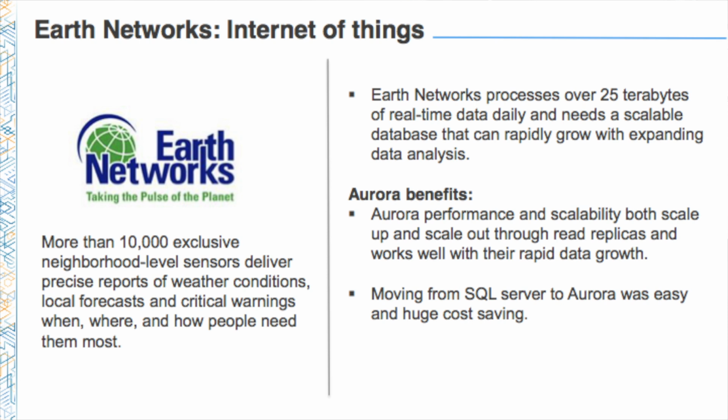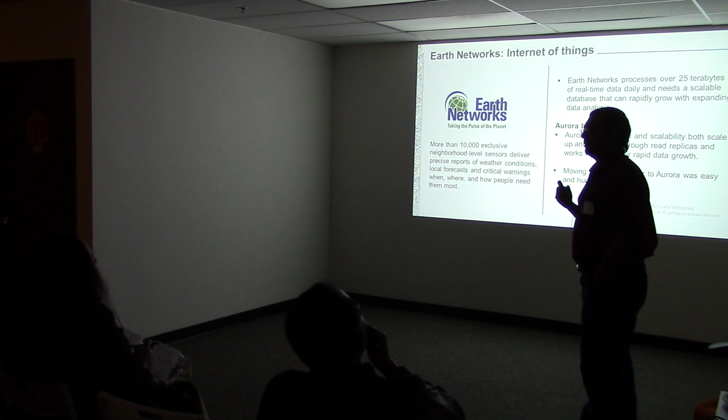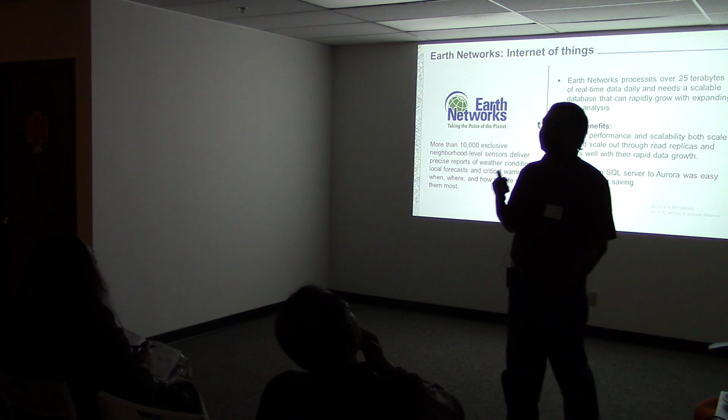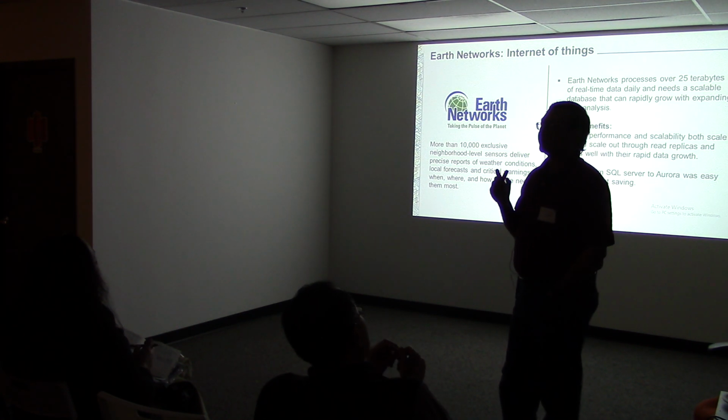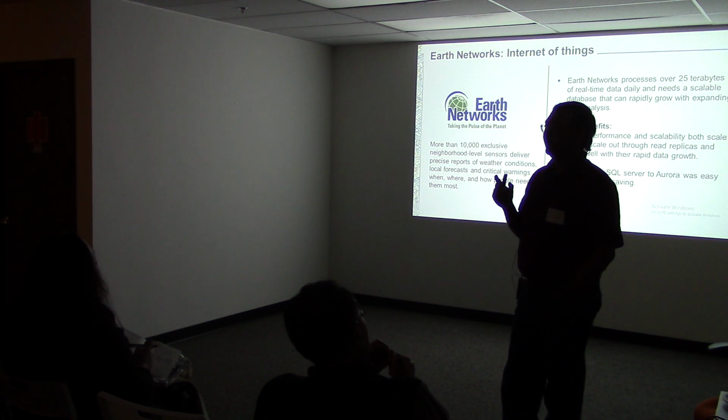Art Networks, this is an IoT company, or this particular application is an IoT application. They have 10,000 exclusive neighborhood-level sensors for weather management at macro cell level or micro cell level, right?